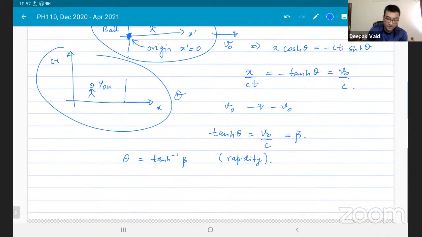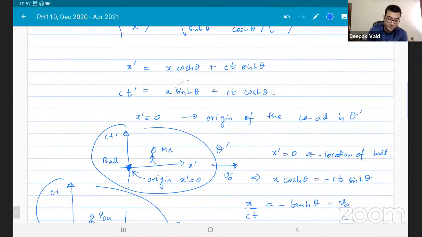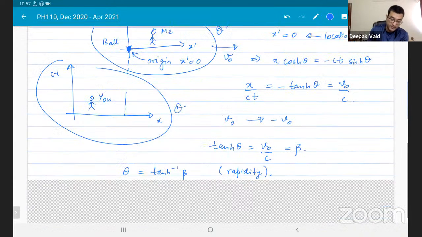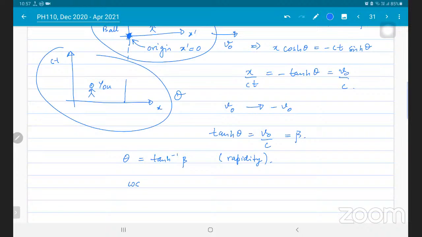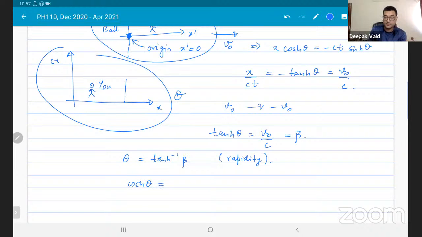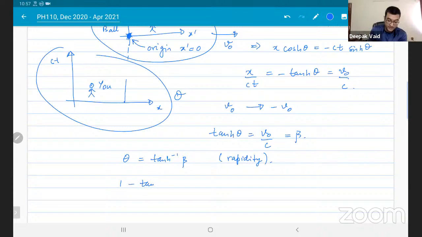Is this fine? I mean, the reasoning. Now, in this expression, we have cosh and sinh. So once we know what tanh is, we can write down what cosh and sinh are, right? What is cosh theta in terms of tanh theta? If I look at 1 minus tanh square theta, what do I get?